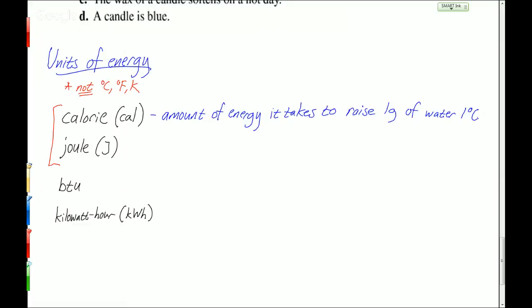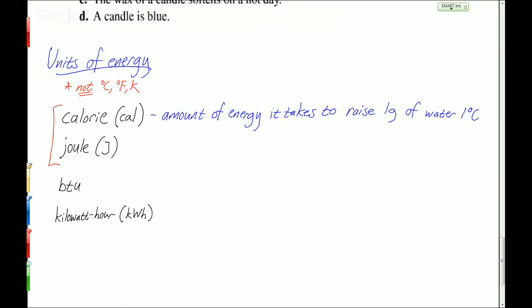This tiny block. So if you have this much water, and it's right now at 23 degrees or something, and you want to raise it up to 24 degrees, it takes exactly 1 calorie of energy to do that.